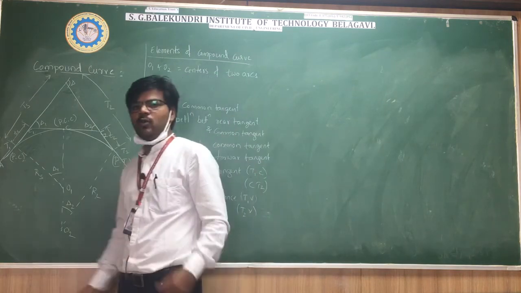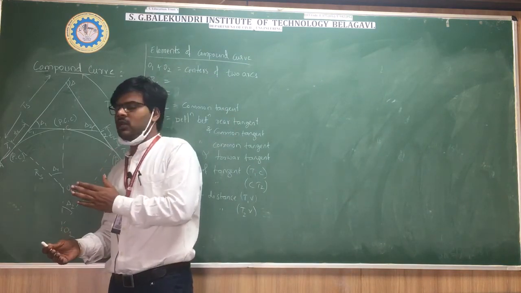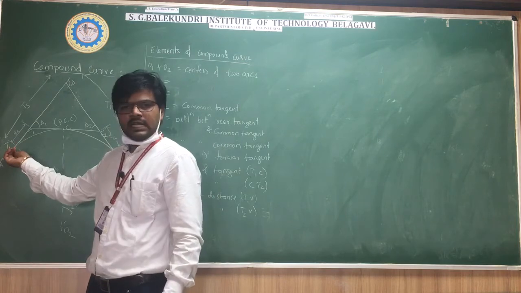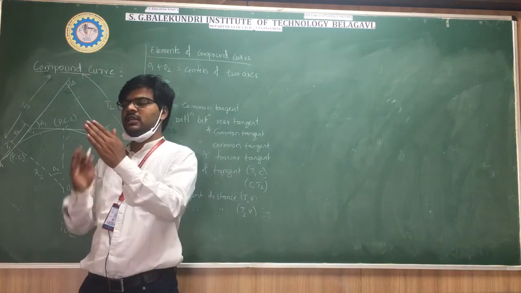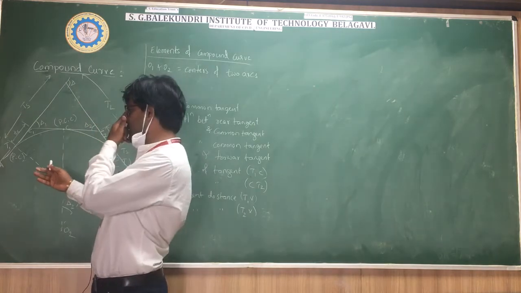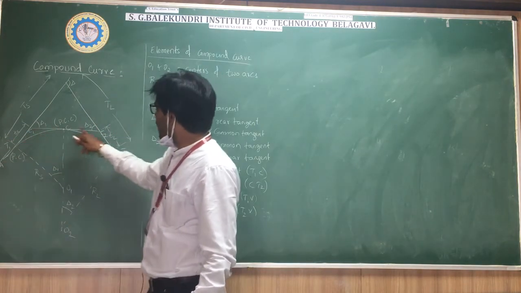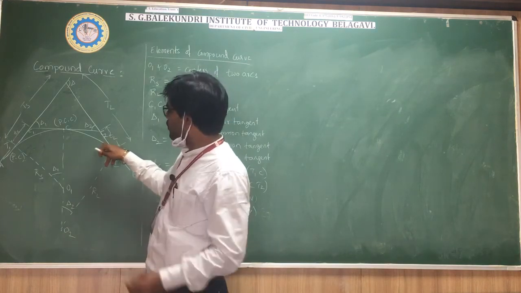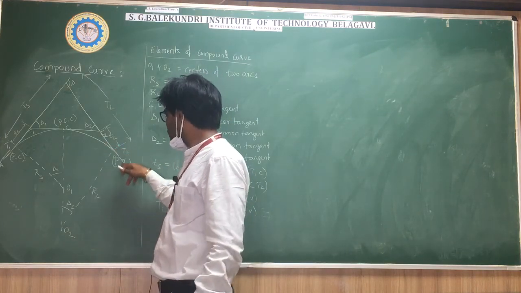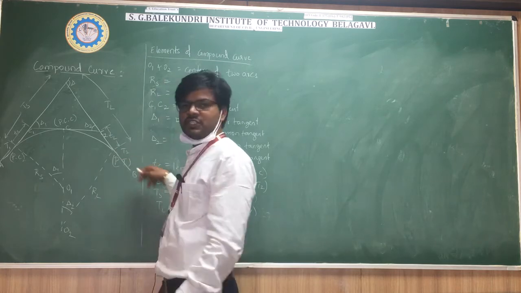As you all know, in a simple circular curve, the point T1 is the point of curvature, where the straight line changes to curvature, and it reaches the point of tangency, where the curve ends and continues with a straight line.